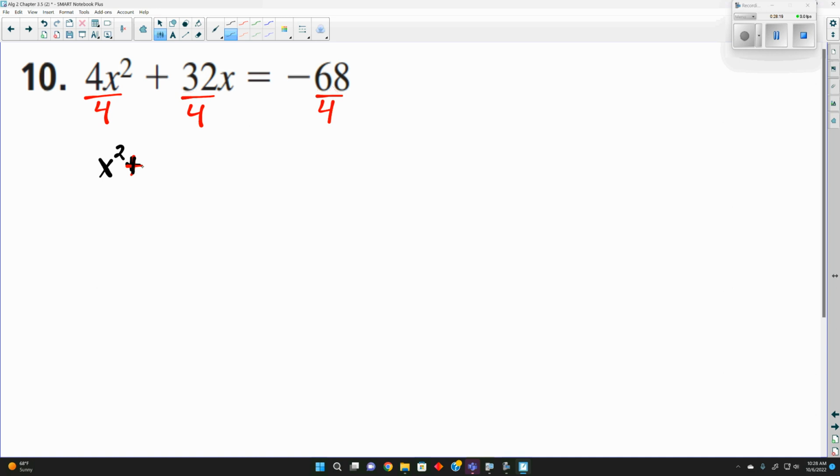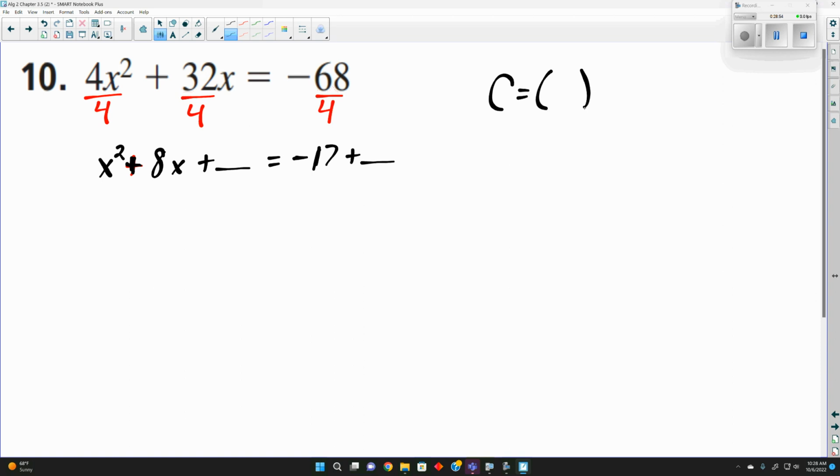Plus 32 divided by 4 is 8x plus blank equals negative, because 4 does go into 68. 17? Yeah, 17 and 17 is 34. 34 and 34 is 68.